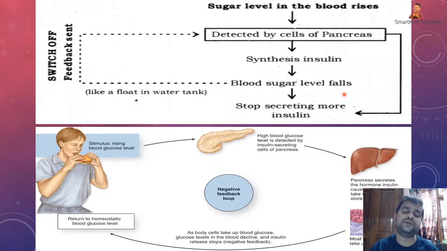Once the insulin becomes more than the sugar that is present, or there is no more sugar there, the cells of the pancreas receive a message to stop making any more insulin. It is like a switch going off, saying enough, let's shut shop, no more insulin. That is what is called a negative feedback loop.